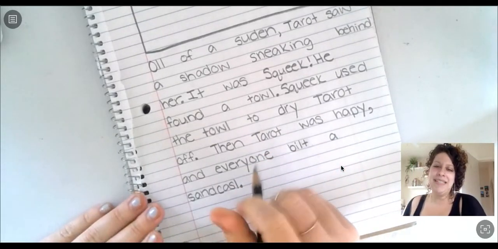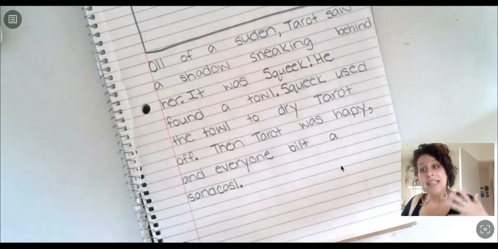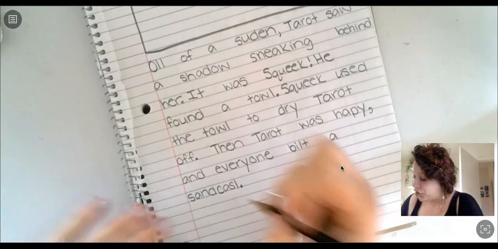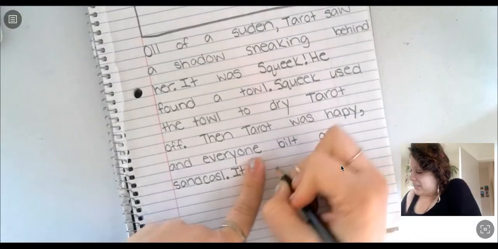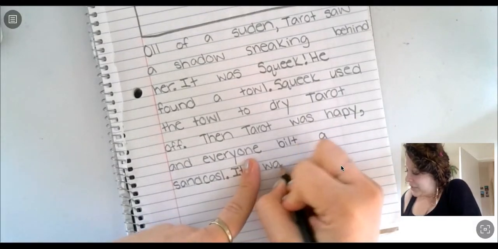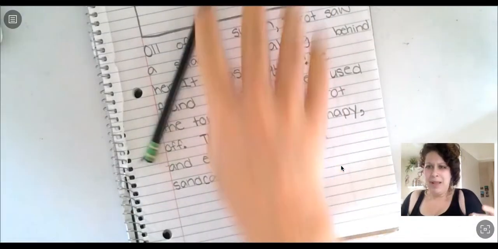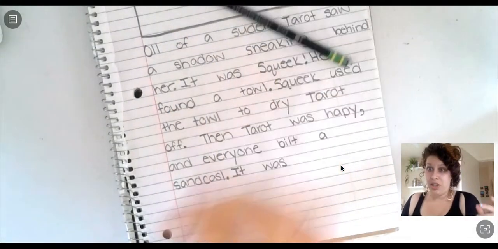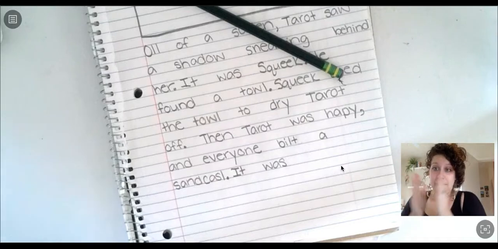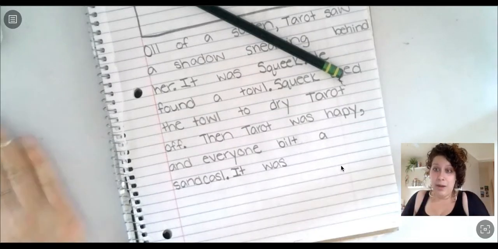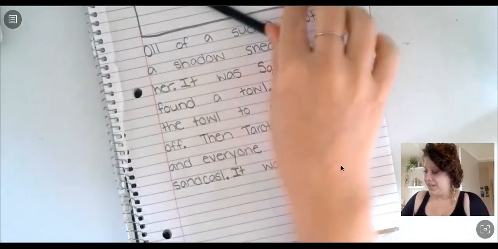I'm going to end by saying it was a great day at the beach. Uppercase I, it was, sight word, W-A-S. Let's not clap was, because we've used it a lot. It's a good one. Was, W-A-S, was.